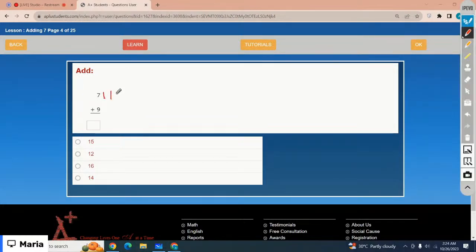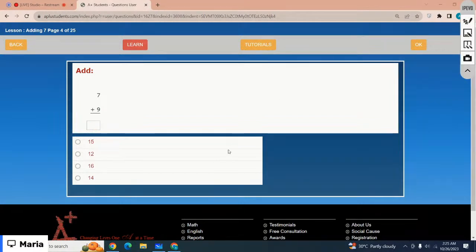Okay, 1, 2, 3, 4, 5, 6, 7. Make 9 lines for 9, right? 1, 2, 3, 4, 5, 6, 7, 8, 9. Now let's just count them together, right? 1, 2, 3, up to 16. So 7 plus 9 makes, yes, it is 16. Got it? So 7 plus 9 makes 16. The correct option is 16.